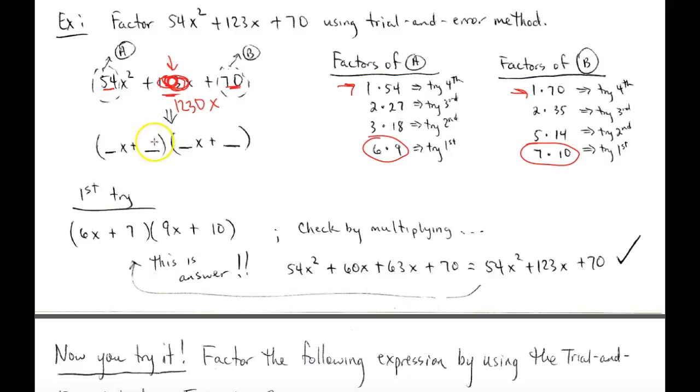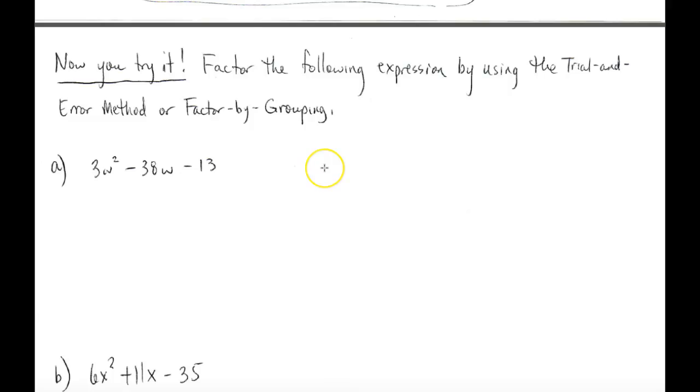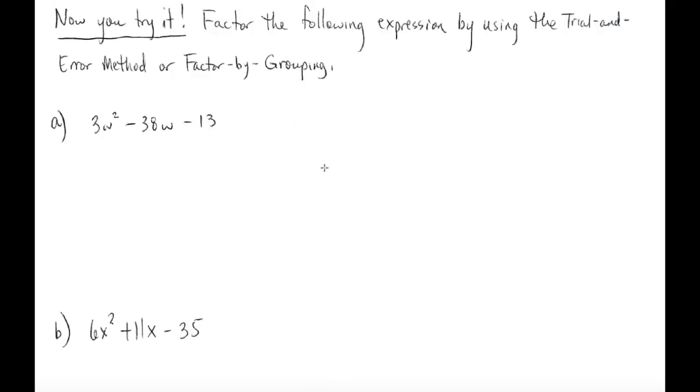So that was one of the reasons why I knew to use 6 and 9 for the coefficients here and here, and then 7 and 10 for that, just as a first try.